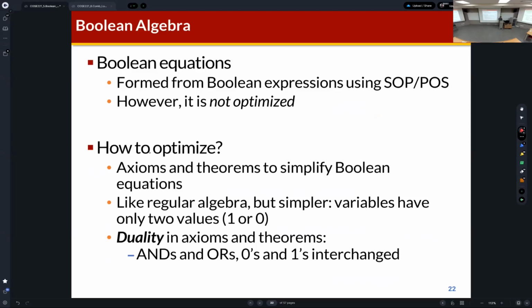That's why the systems use the Boolean equation, because these systems also handle only two kinds of values, zeros and ones.